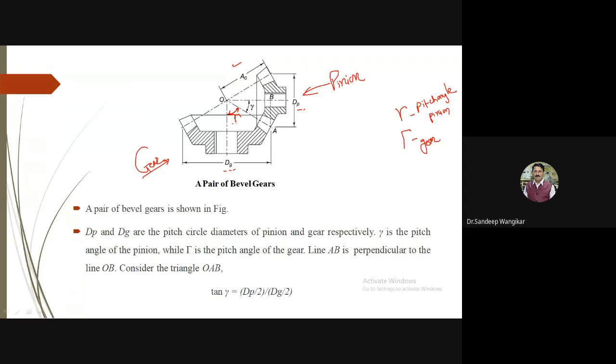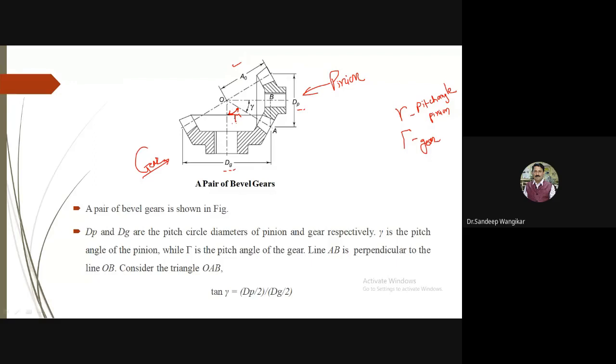Line AB is perpendicular to line OB. Consider the small triangle OAB. You can say tan of gamma is equal to AB, which is dP by 2, divided by OB, which is dG by 2.